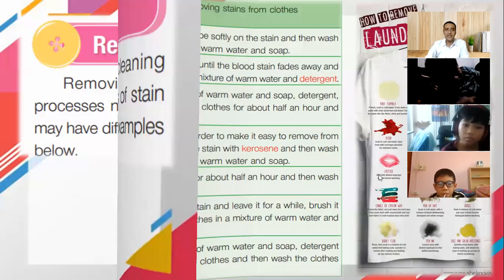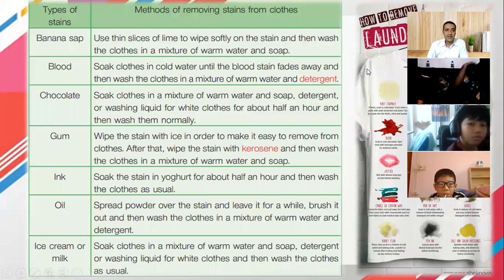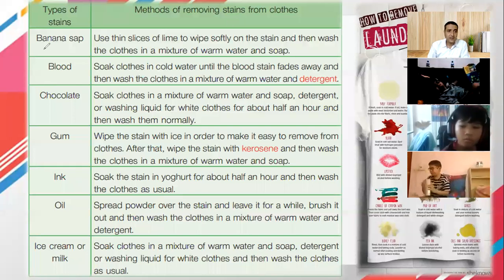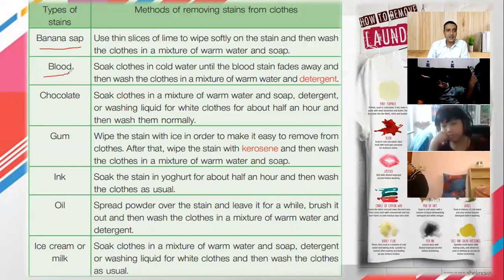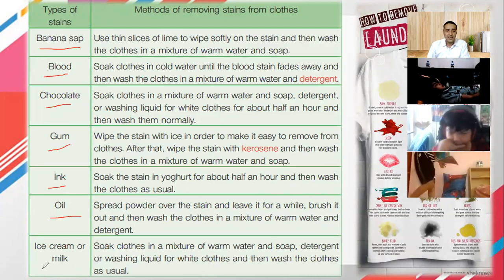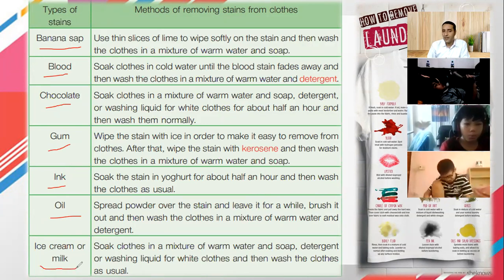Now let's see here. We have different types of stains, and we have different methods to remove stains from clothes. So first of all, we see here we have banana sap, blood stains, chocolate stains, gum stains, ink stain, oil stain, ice cream or milk stains.